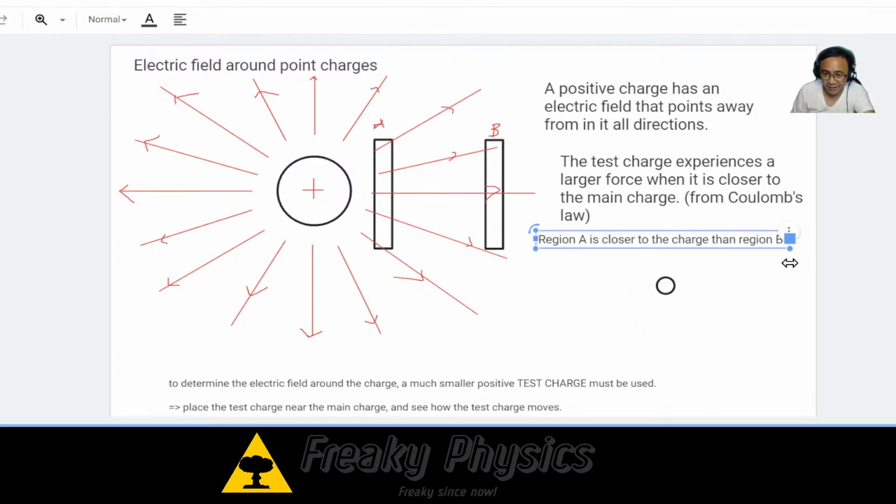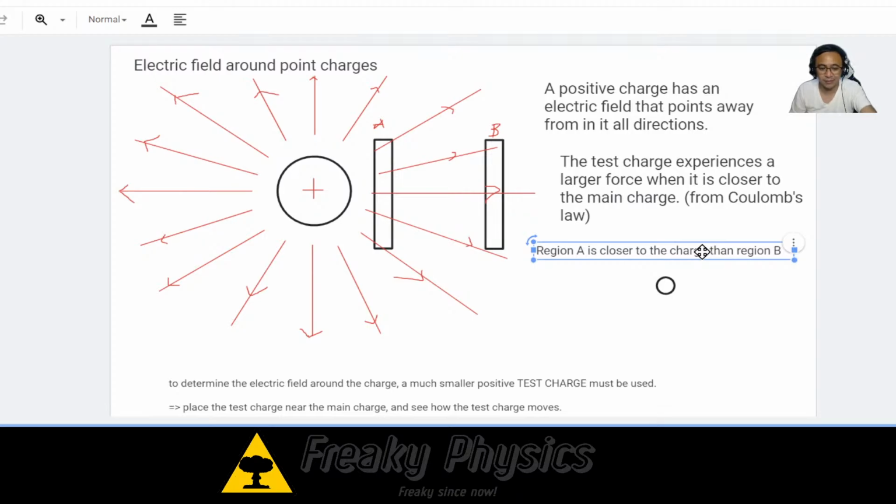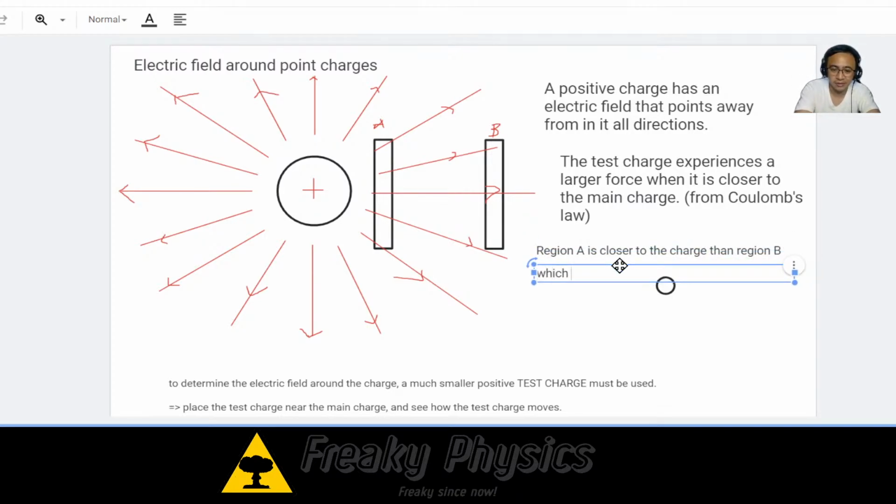Now, one thing that may not be too obvious, and that's what I'm gonna try to point out here, is which region has more field lines in it. So which region has more field lines in it? Is it region A or B?